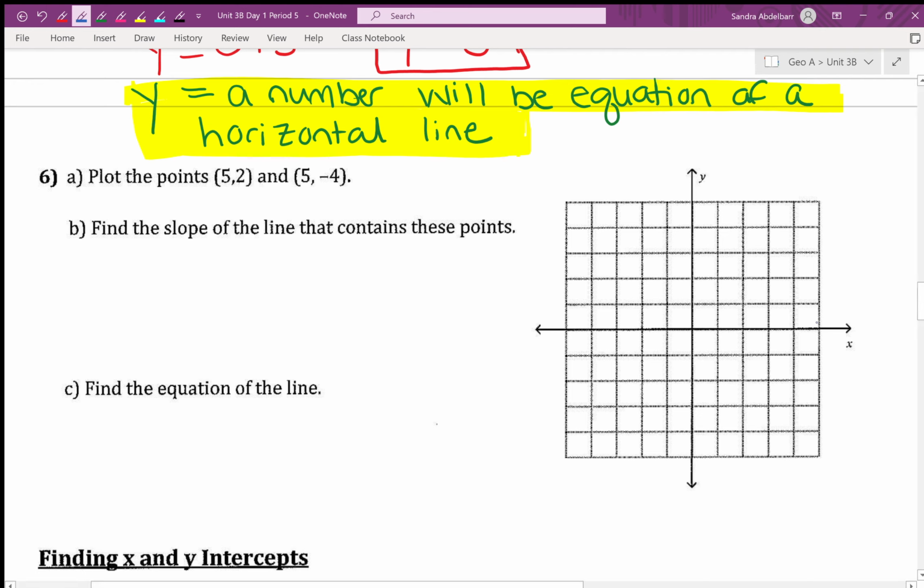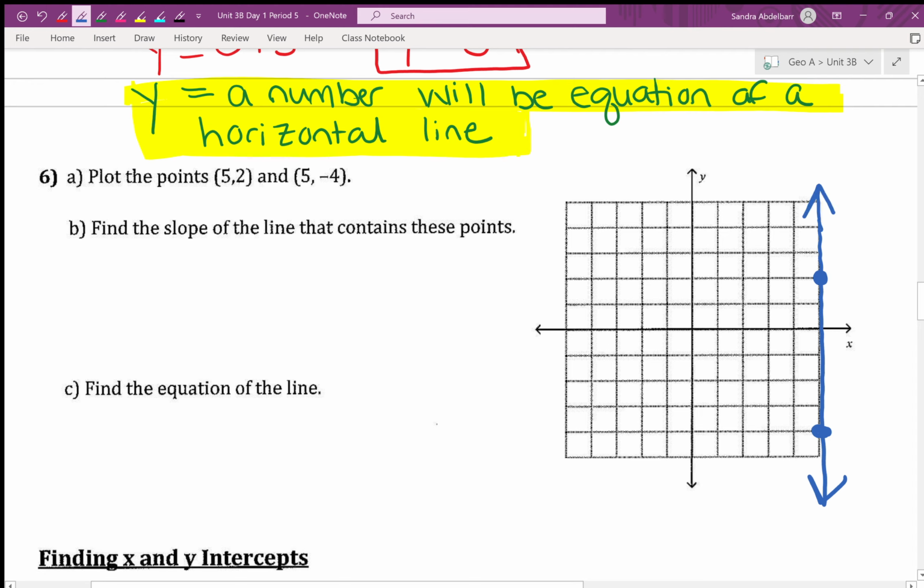We're going 5, up 2, and then over 5, down 4. I'll just freehand it. And there is our vertical line.